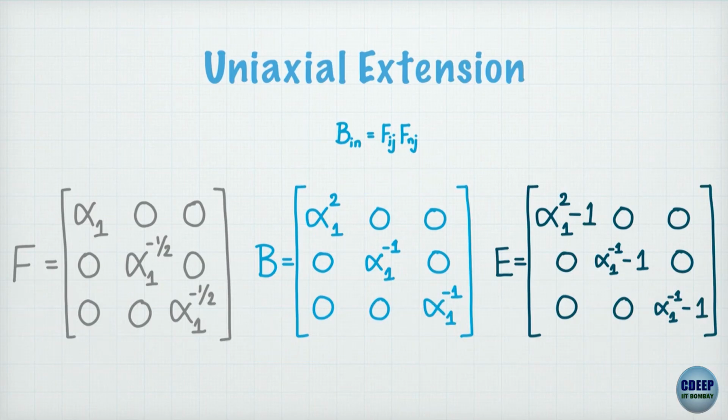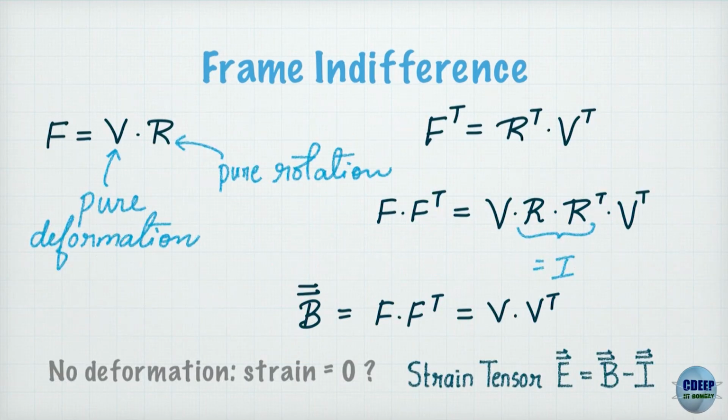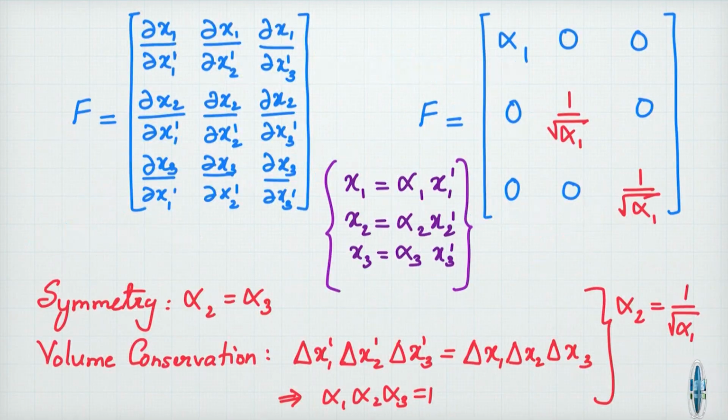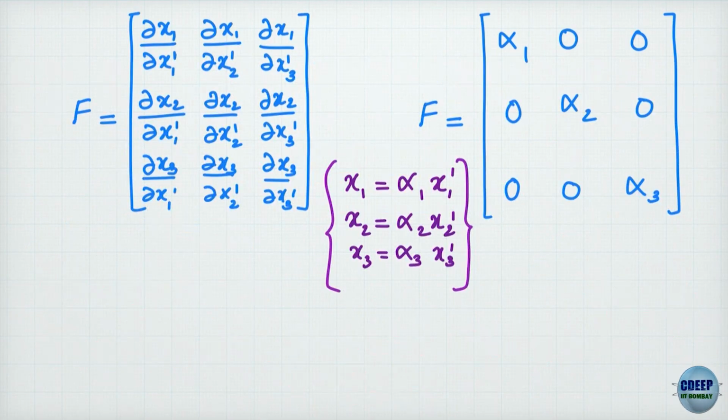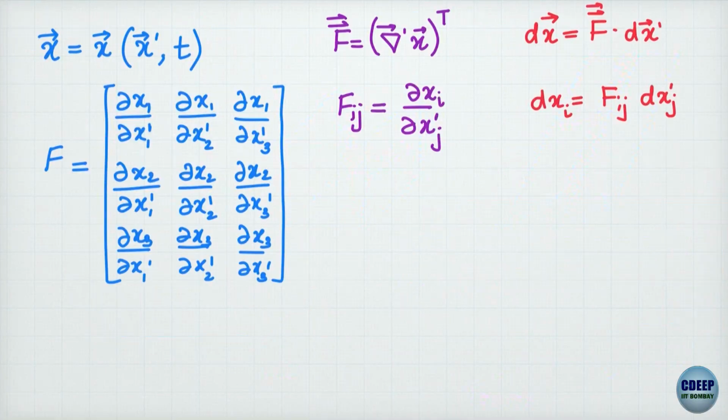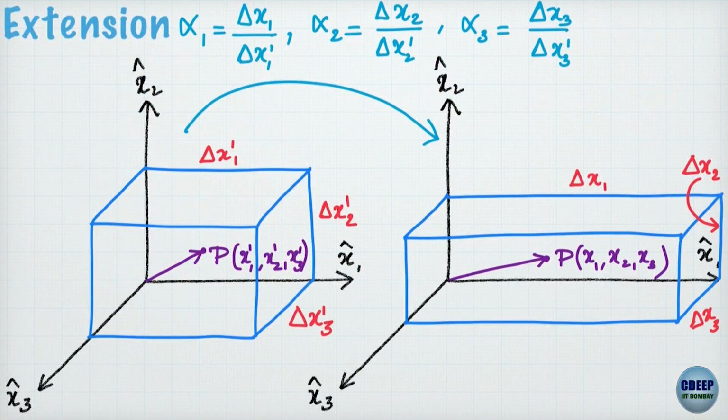Just like when we defined F, we defined it like this and we can recover dx as F dot dx dash. It is the same operation there, because these are infinitely small elements. That is why we are able to do this.